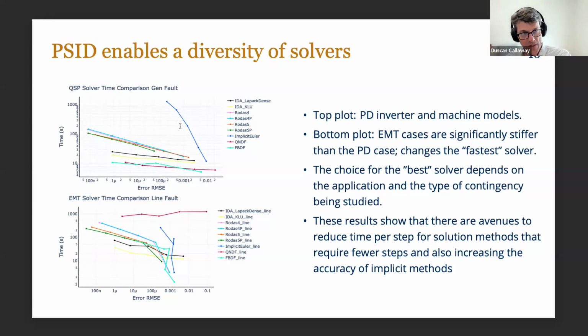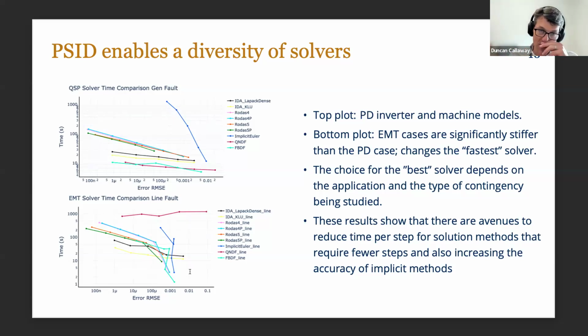For a quasi-static phasor case, we're ignoring the dynamic network, versus an EMT solver, where we're capturing things like stator fluxes, filter dynamics on the inverters, and the fastest control loops on inverters. The takeaway that I want you to get here isn't so much which numerical integration tool works best, but just that it was very simple for us to call different numerical integration solvers in order to test which ones would work best.